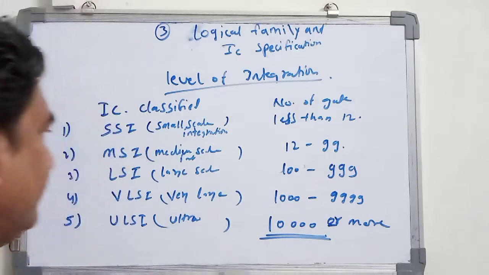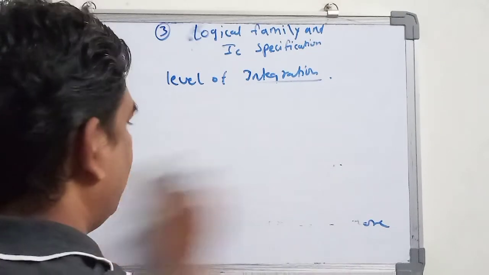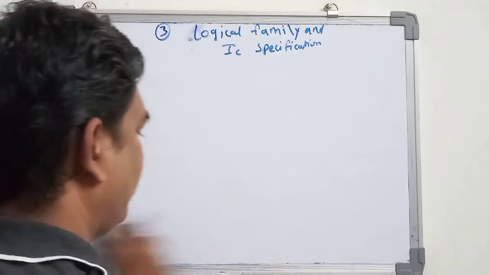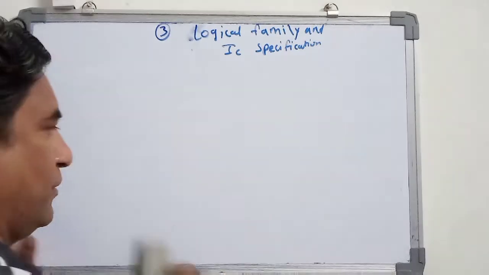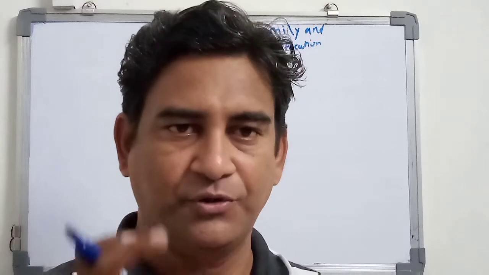Okay, now we will study the different types of the logic family, how that logic family has been classified. Within one particular chart, you should be able to describe the different logic families.